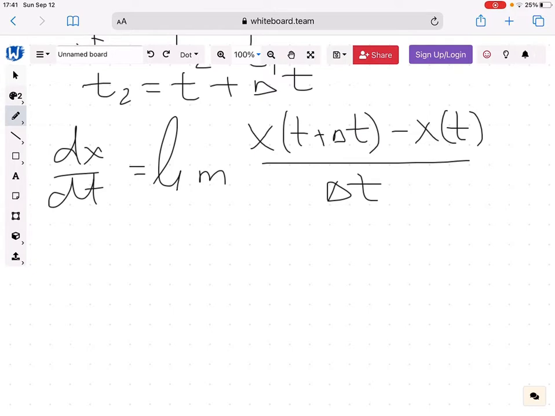Since we were saying that the second moment t2 has to get closer and closer to t1, the equivalent of this is making delta t closer and closer to 0.